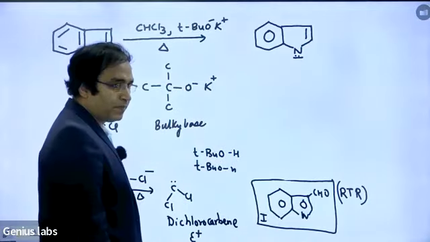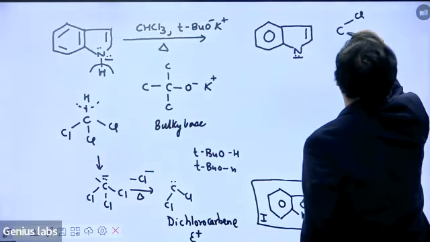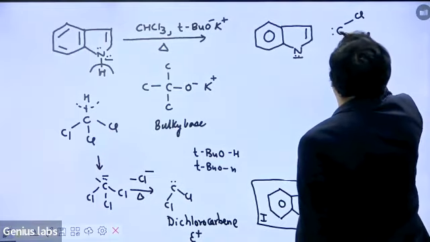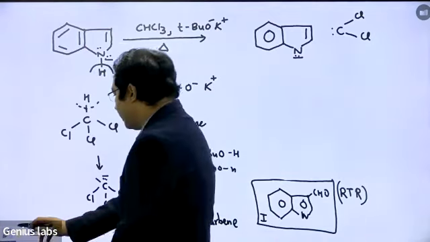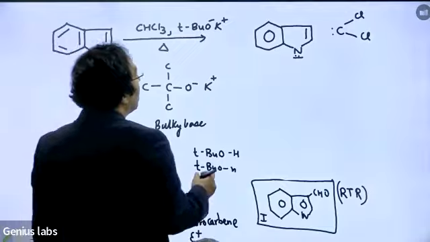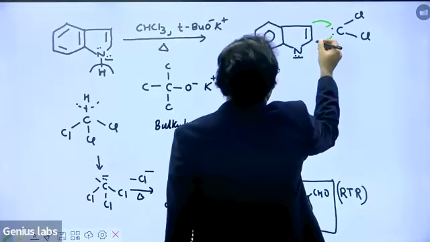This is available. Heat is given. Draw it comfortably first. Now carbenes and a lot of heat is given in this reaction. So what happens? This particular double bond shows free radical addition.